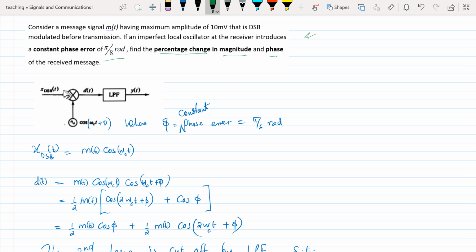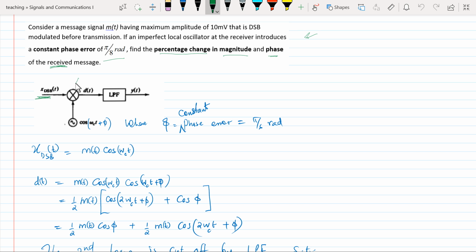So the first thing we do is just remember the basic building block of double sideband modulation, whereby we are now considering the receiver. The receiver will get a double-sideband modulated signal x DSB of t, which is multiplied with a local oscillator having the same carrier frequency as that of the transmitted message.